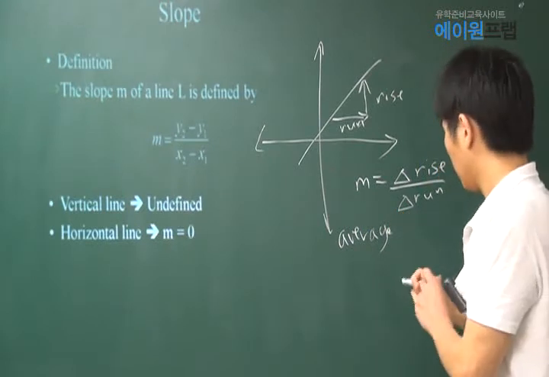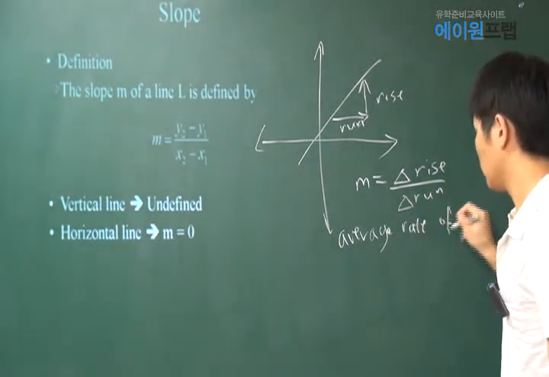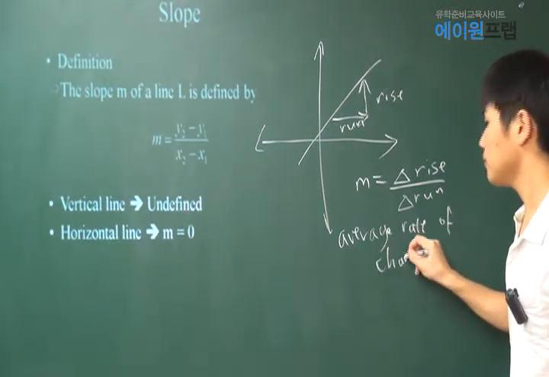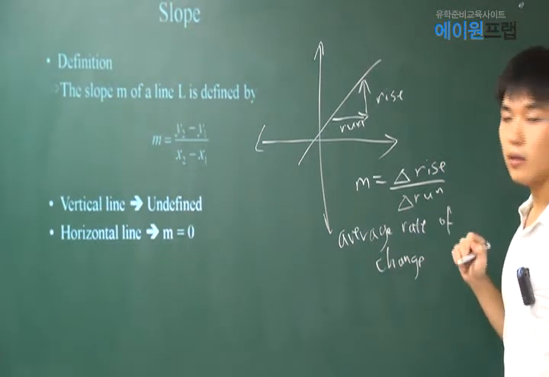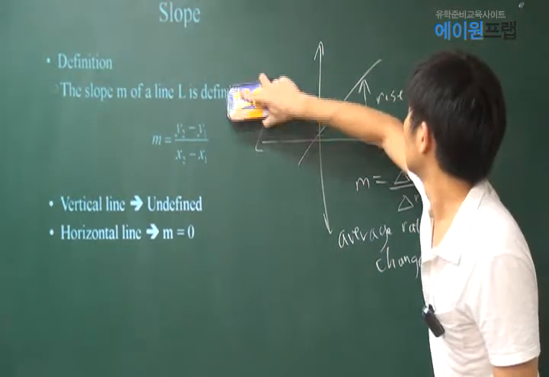Remember that. Slope is equivalent to average rate of change. So, let me go through different cases of slopes.